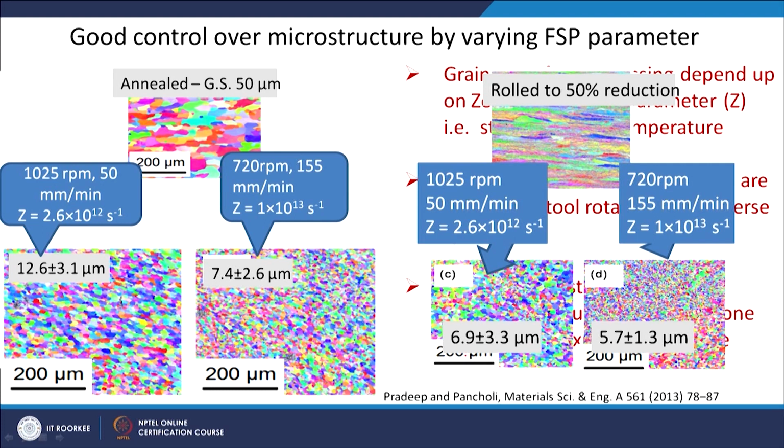The 12.6 micron we achieved in the annealed material got reduced to 6.9 micron in the rolled starting material, and similarly 5.7 for the higher Z parameter. This is the effect of both the RPM and the traverse speed on the microstructure. As I told you, when you increase the RPM, the temperature attained will be more, so you can see the effect of that on the grain size.